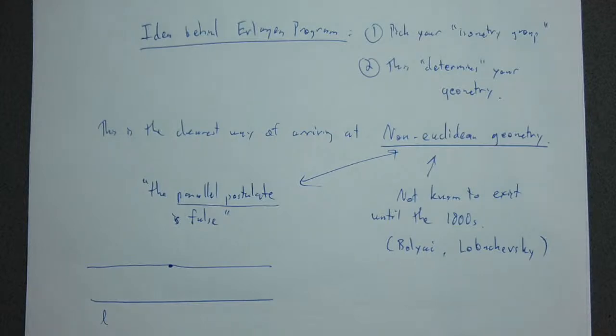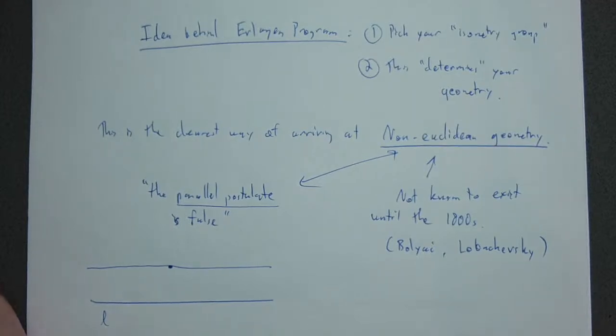But we know that that's not the case for, say, the universe. The universe is not flat. There's curvature in places, places with non-zero curvature. And so necessarily the geometry of the universe is non-Euclidean.